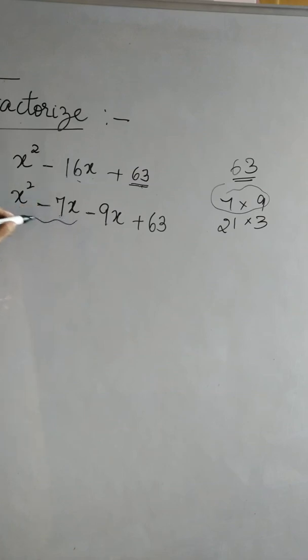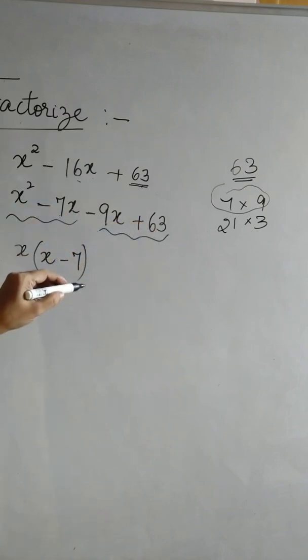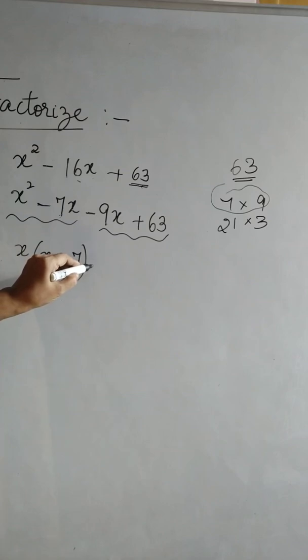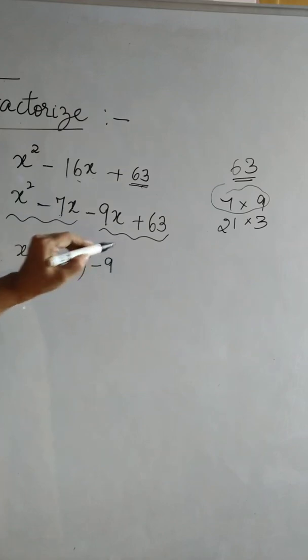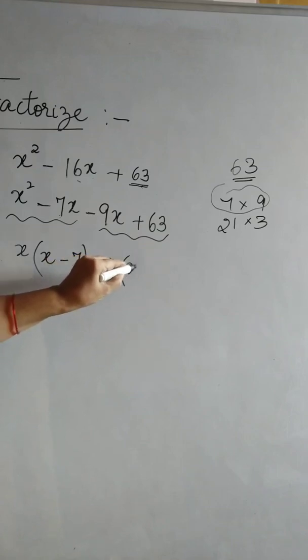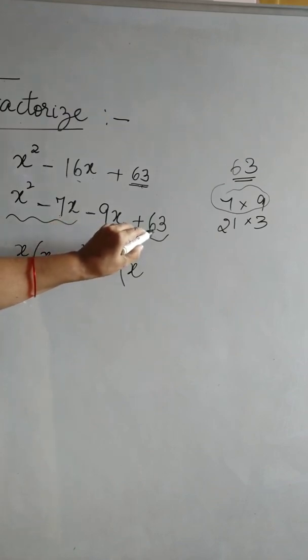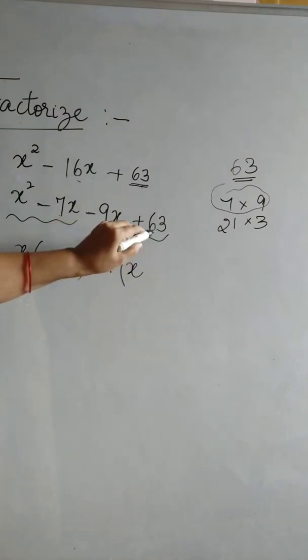Now, in these two terms, we can take x as common. So we will take x and here we are left with x minus 7. Again, when you consider these two numbers, here minus 9 you take, because 63 can be written as 9 into 7.